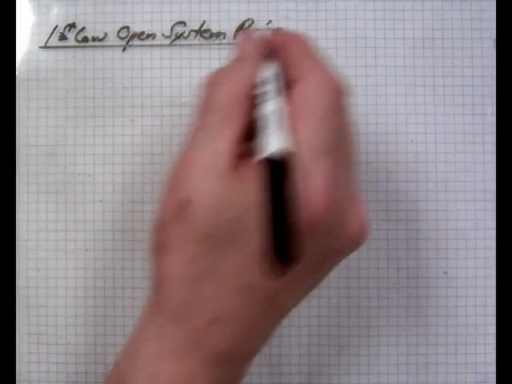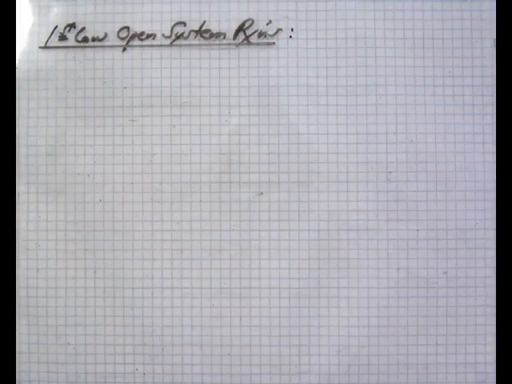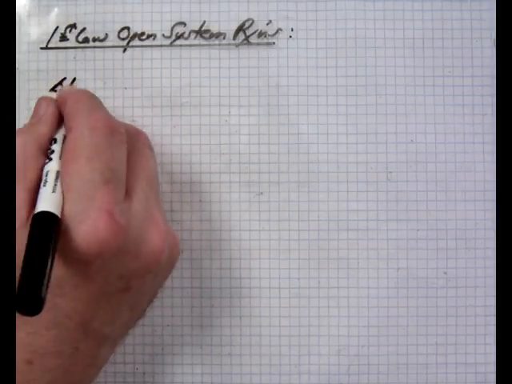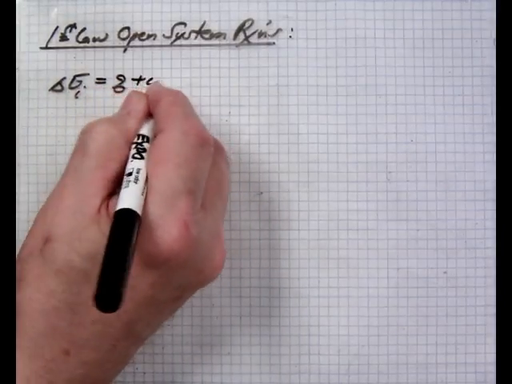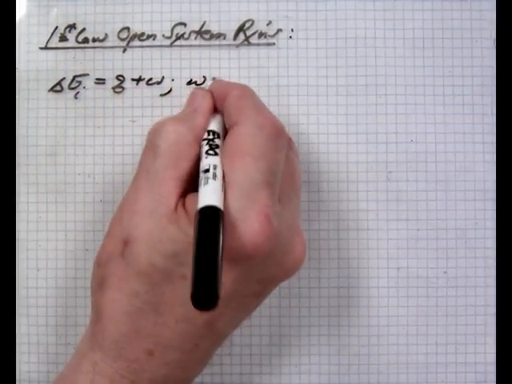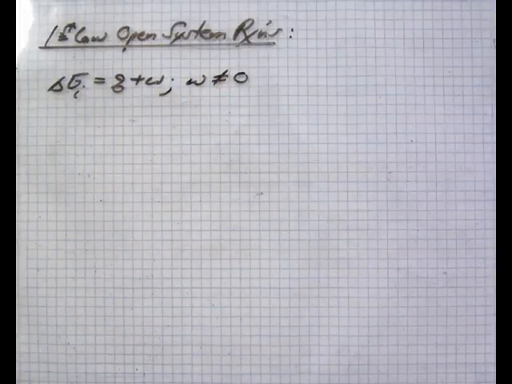Now, I'm going to repeat that what makes a system open or closed is the work, and more specifically, in the work, the change in volume. So when we talk about the change in internal energy being Q plus W, W does not equal 0.